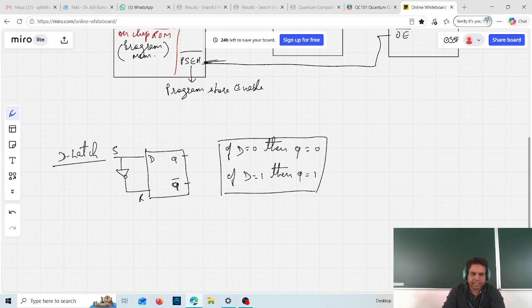The function of this latch is to store the input values temporarily.